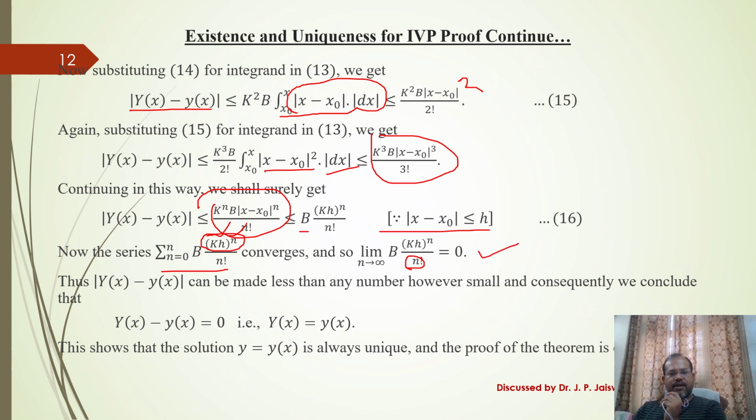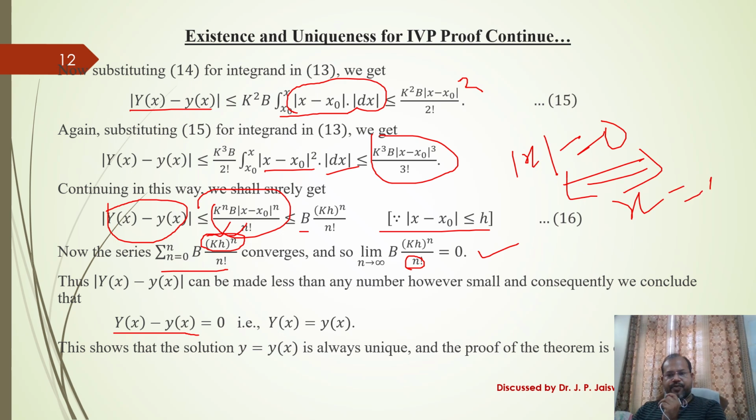So the difference |Y(x) - y(x)| can be made as small as possible, so its modulus is less than or equal to 0, basically equal to 0. Because the modulus of x is equal to 0 if and only if x is equal to 0, capital Y(x) equals small y(x), so it has a unique solution.